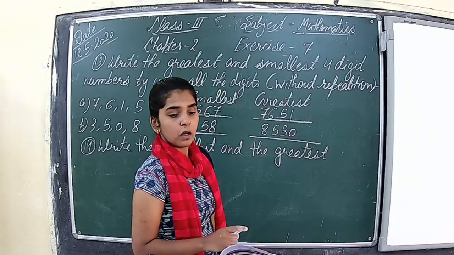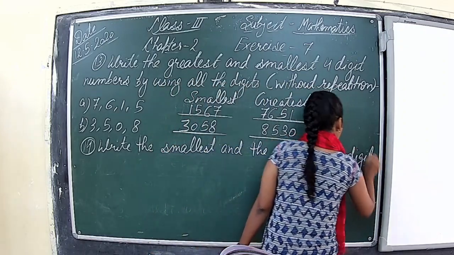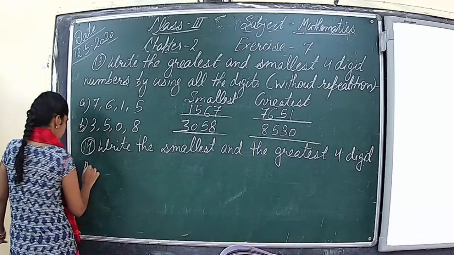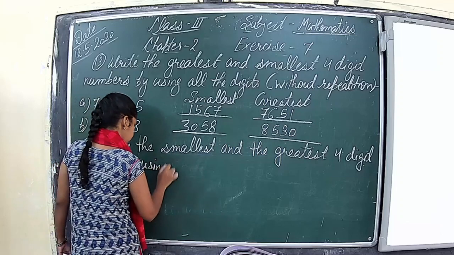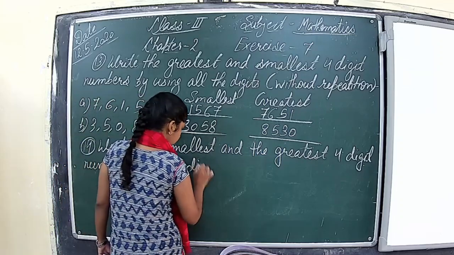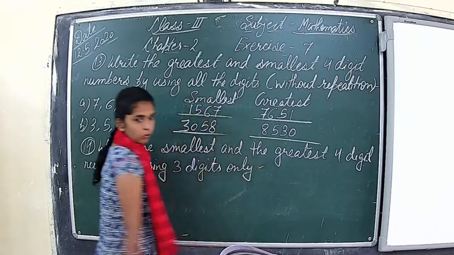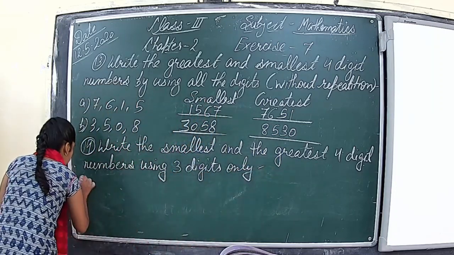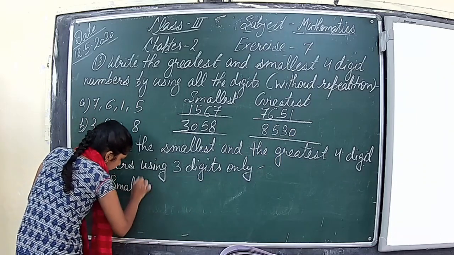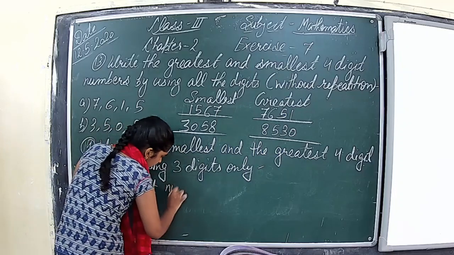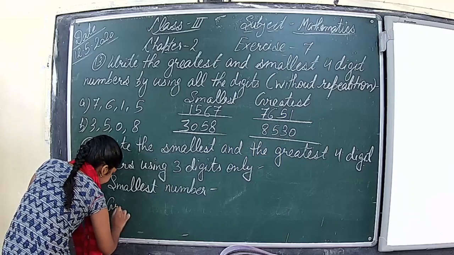First of all we will write the smallest number, then we will write the greatest number.